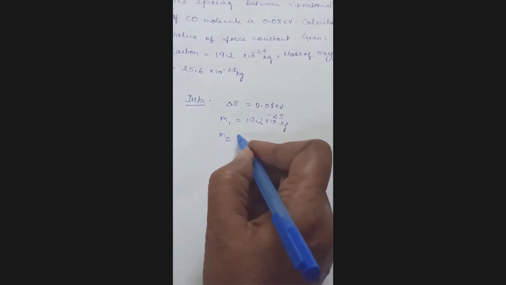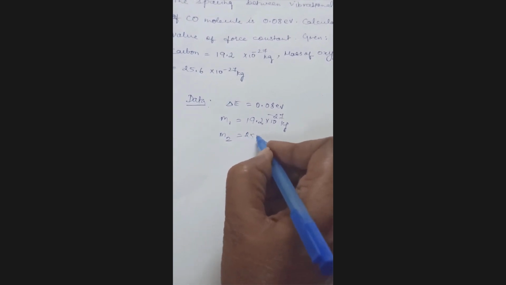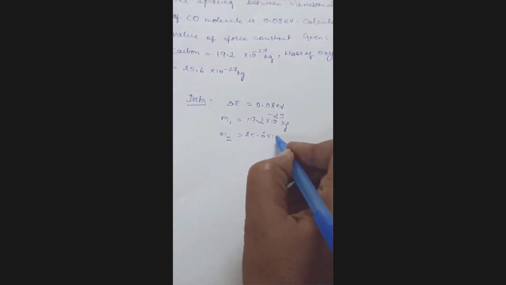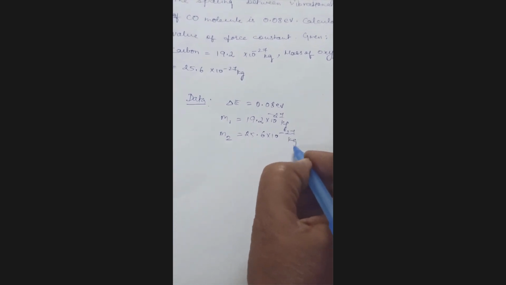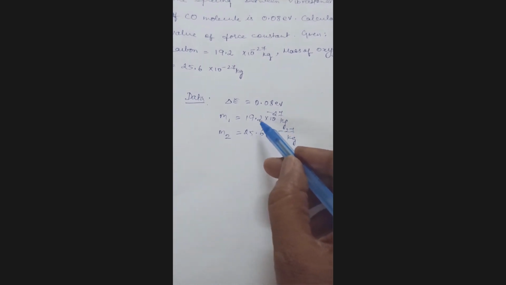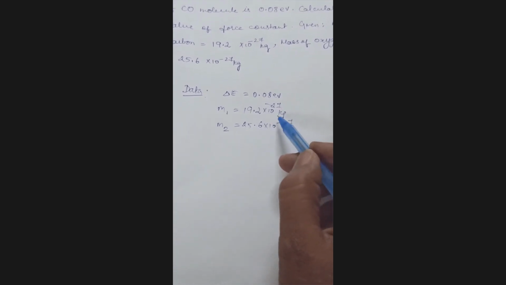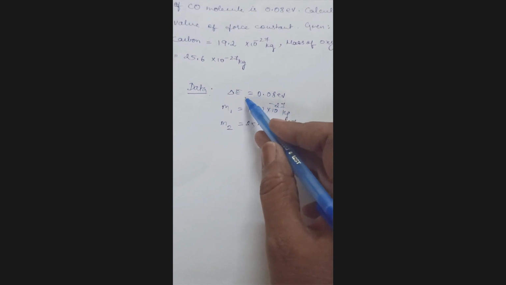Then mass of oxygen M2 is given to be 25.6 into 10 power minus 27 kgs. Now here no need of converting to kgs, because it's directly given in kgs, not in AMU. But we have to do the conversion here.